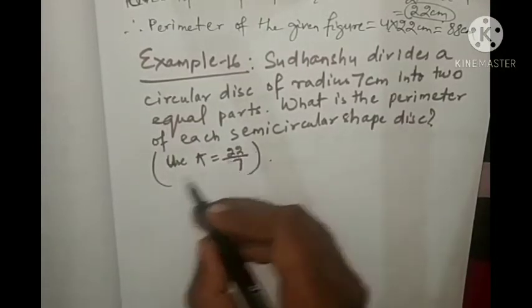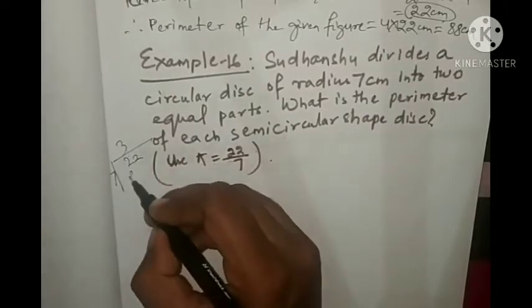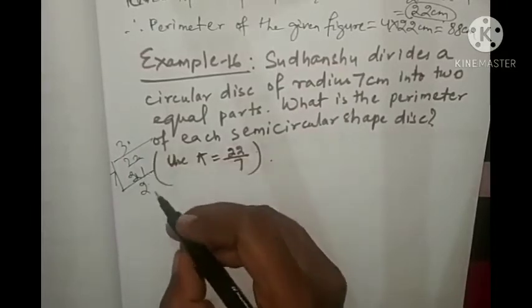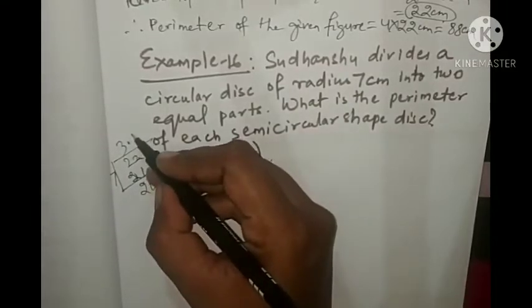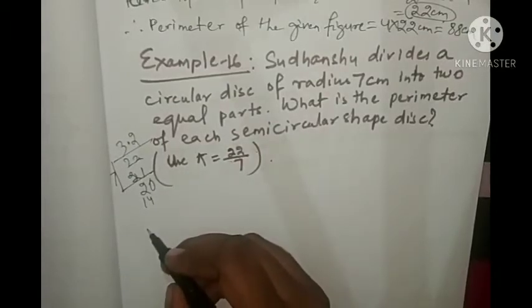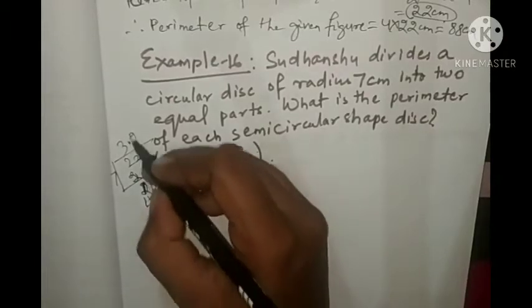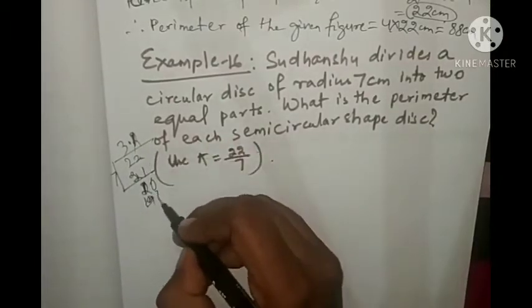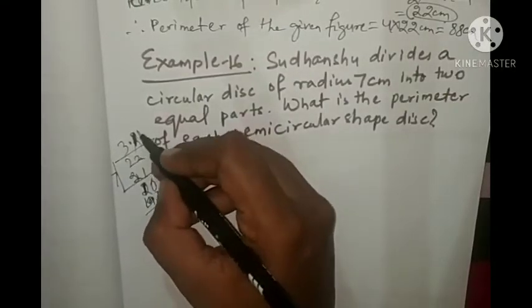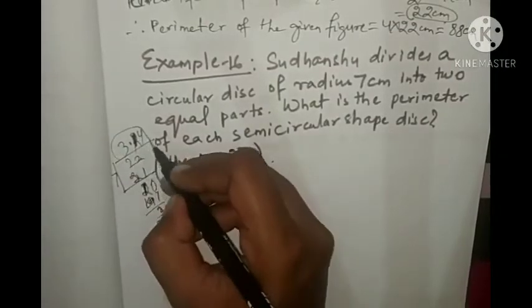If you divide 22 by 7, what will you get? 7 3s are 21, 7 2s are 14, like this you can get 3.14.